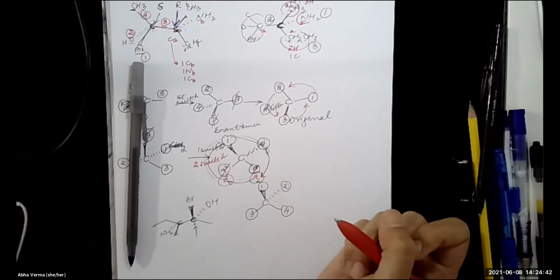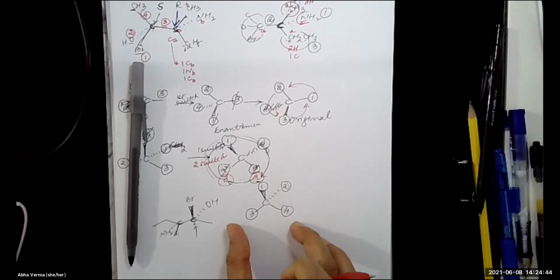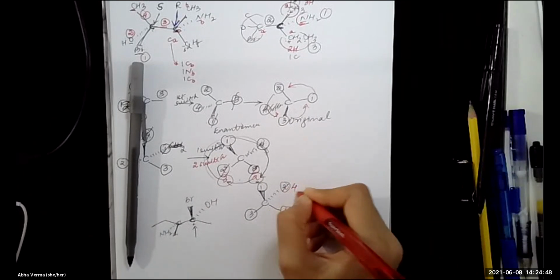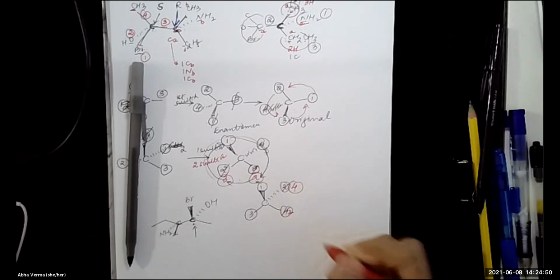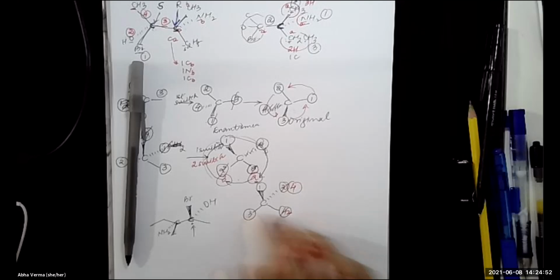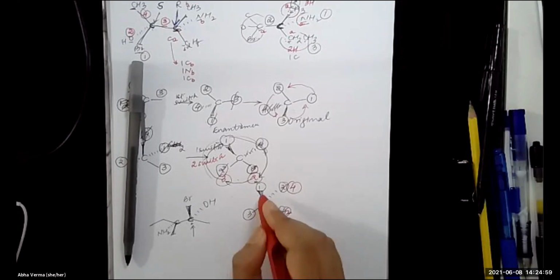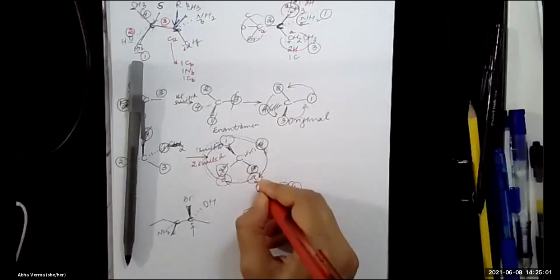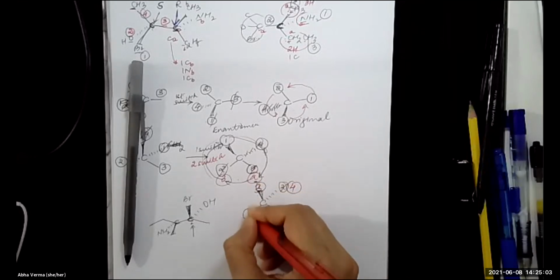Just keep attention on my pen. What is the first thing that I need to do? I need to move my number 4 at the back. So 4 comes here and 2 comes here. And then I can switch any of these 2 groups. Let me switch 2 and 1 or 1 and 3. So I'm going to make this as 3, this as 1.